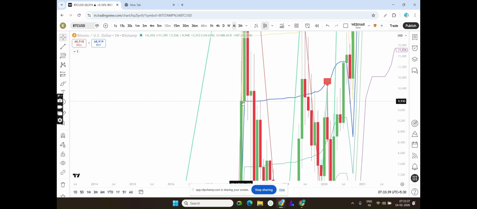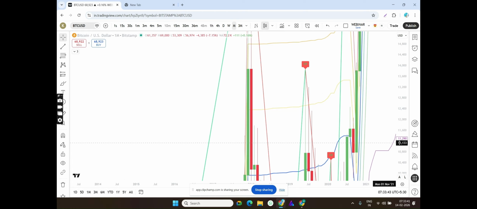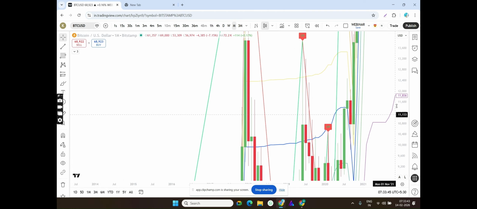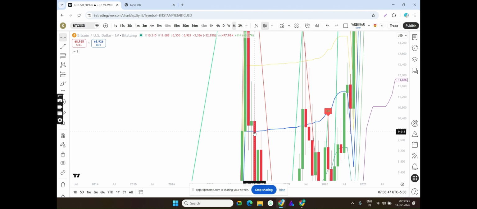On the trend line, then we got resisted at the trend decider line. Again, we got an entry, we got an exit here with the predefined stop loss.